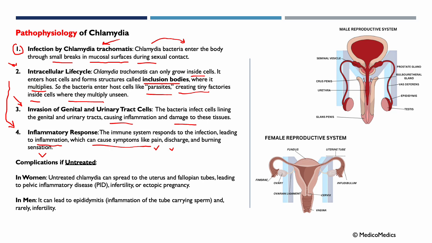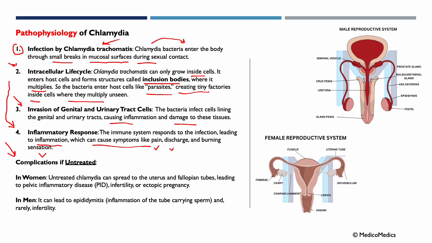Now, it has been said that a lot of people, 60–70% of people, may have chlamydia, but it is asymptomatic. So it's super important to know about and be aware of the complications if it is untreated.